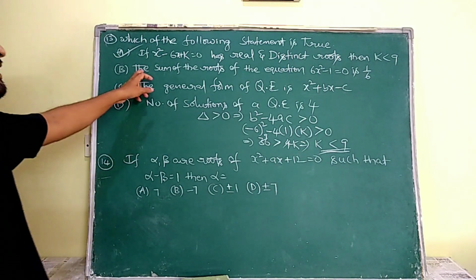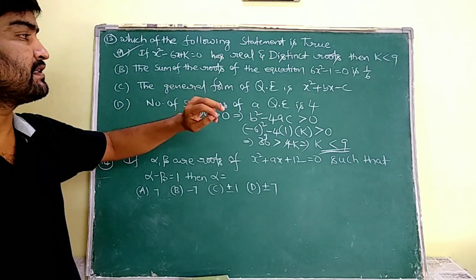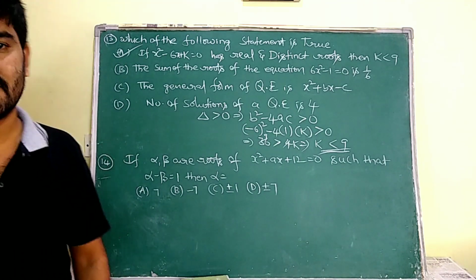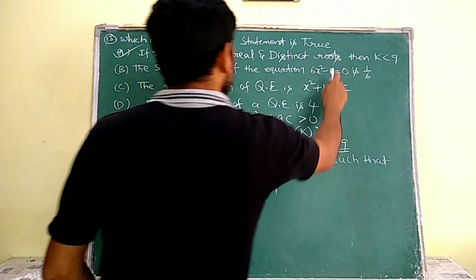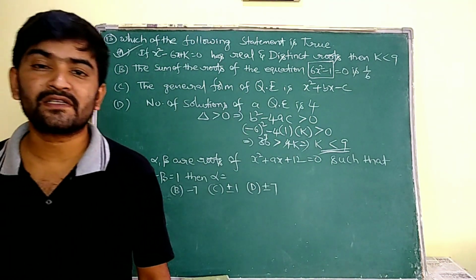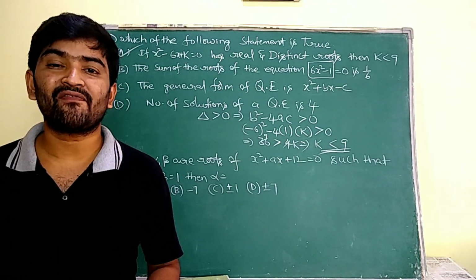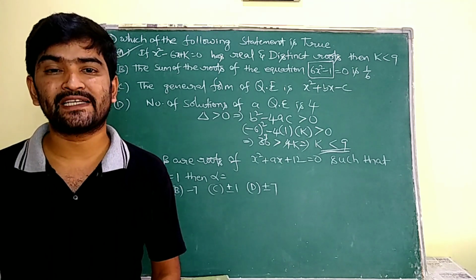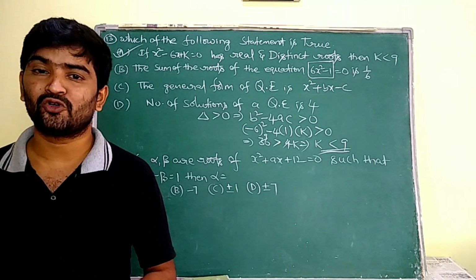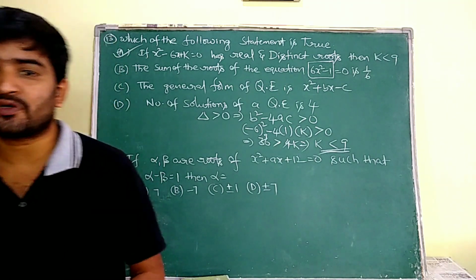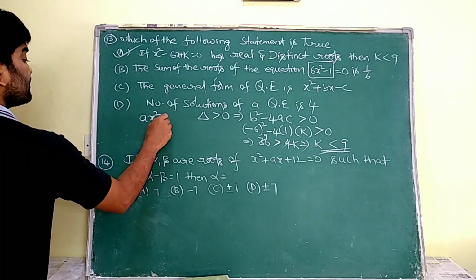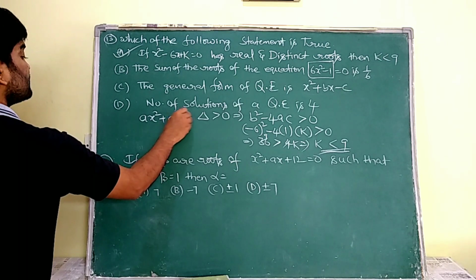Okay, now the sum of the roots of the equation 6x square minus 1 is equal to 0 is 1 by 6, it says. See, actually in this quadratic equation the x term is missing. The quadratic equation which lacks the x term is known as a pure quadratic equation. The equations in the form ax square plus c is equal to 0 are known as pure quadratic equations. For those, the sum of zeros is always 0.